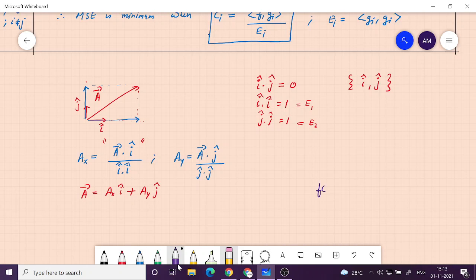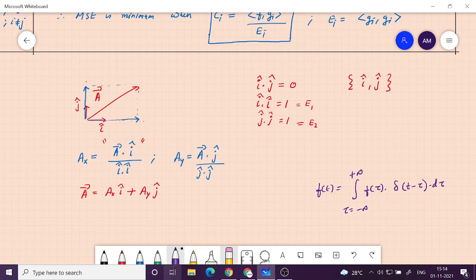I said that f of t, in the continuous time domain, can be written as an integral over tau from minus infinity to plus infinity of f of tau times delta of t minus tau d tau.